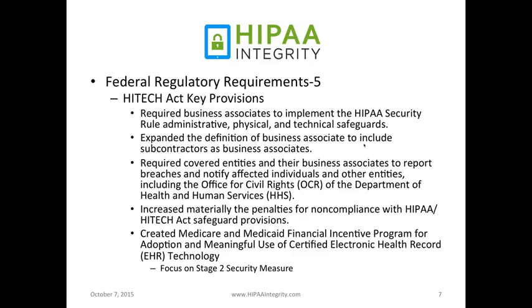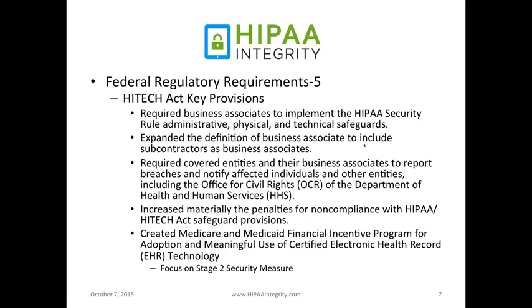And it required covered entities and their business associates to report breaches to the Office for Civil Rights, the Department of Health and Human Services. It increased materially the penalties for noncompliance with the HIPAA HITECH Act safeguard provisions. We'll go over that in a bit.